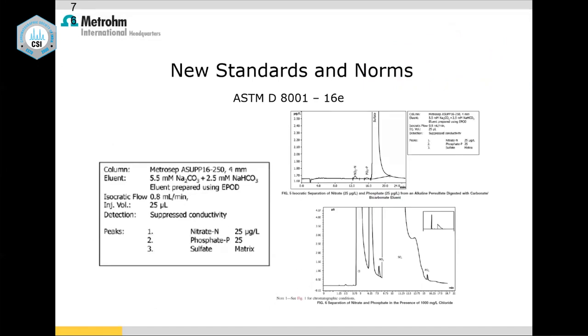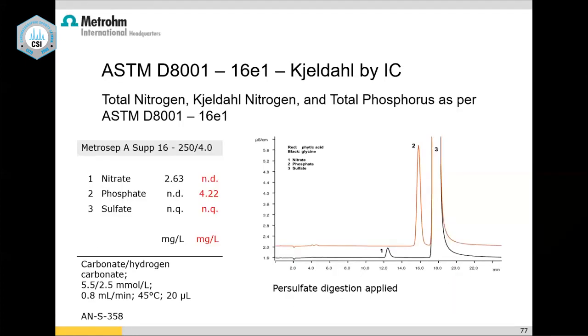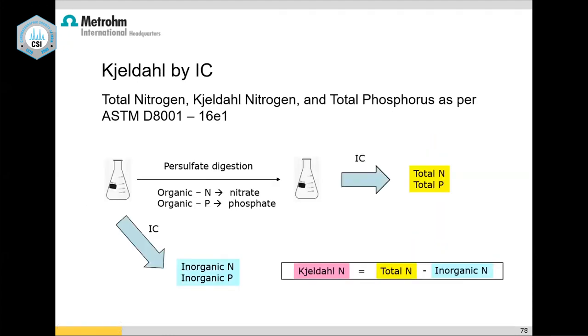With respect to a new norm, I thought I would introduce ASTM D8001, where they have suggested using IC. IC has been recommended for total nitrogen, gel nitrogen, and total phosphorus in water and wastewater. So how do we do it?